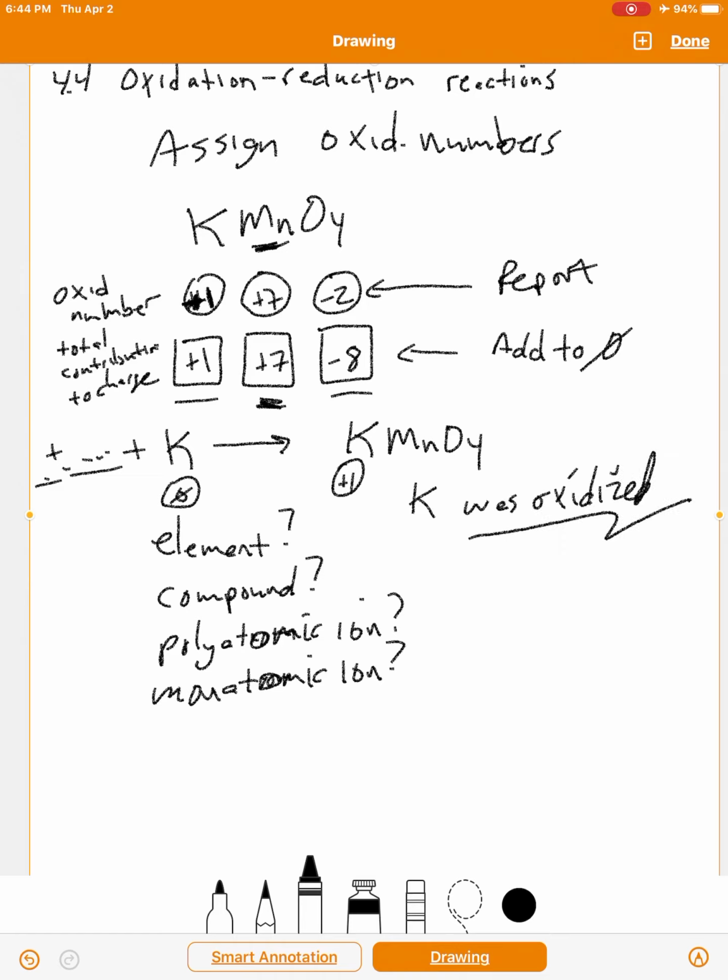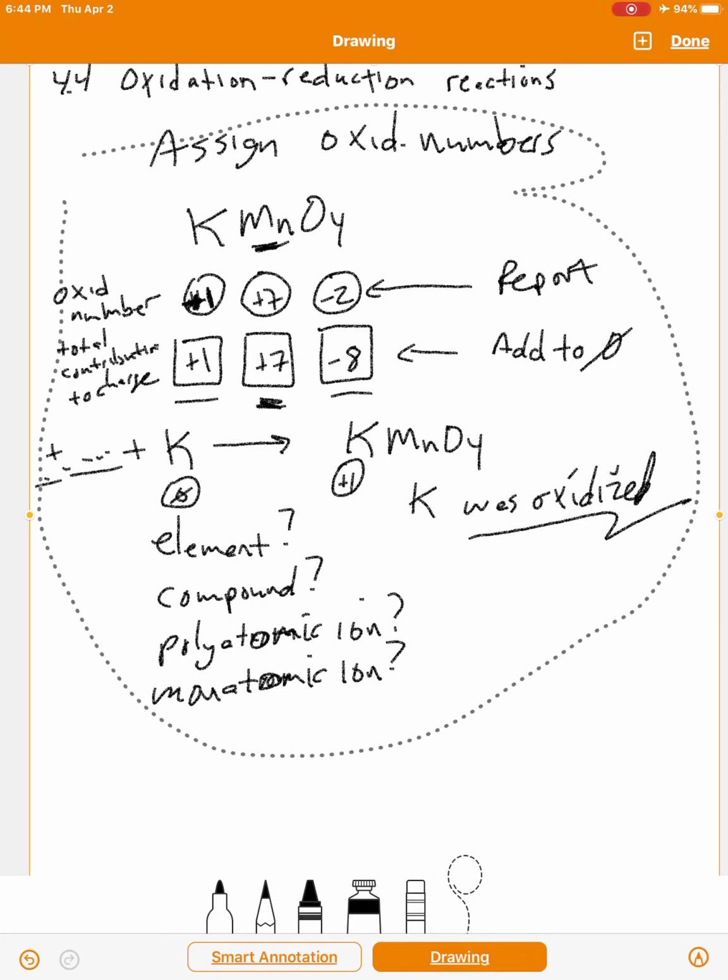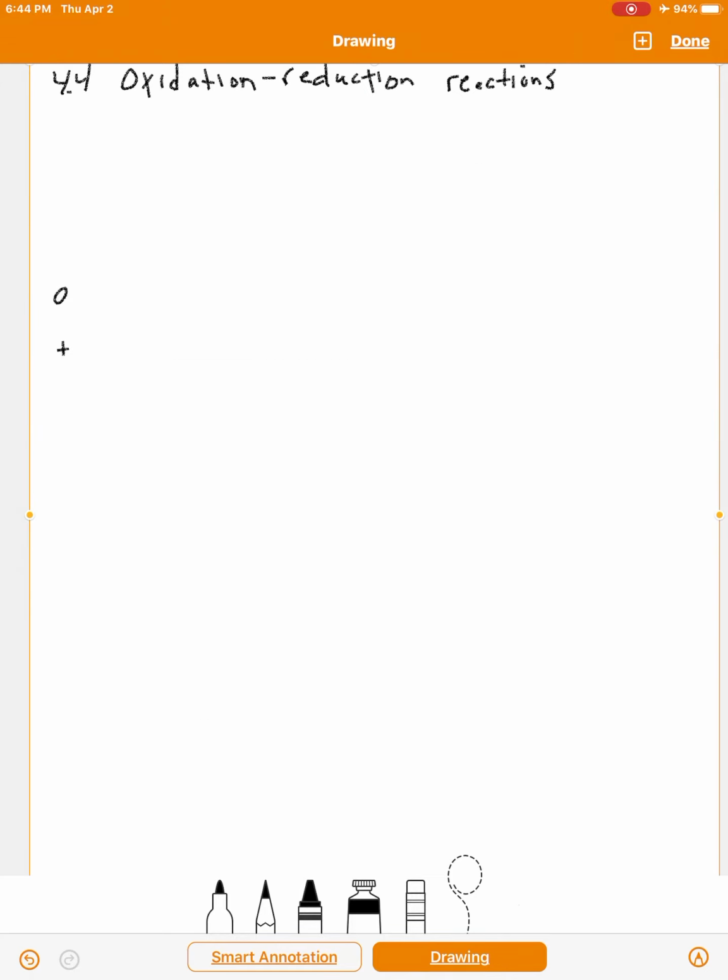If for a given element, its oxidation number becomes more positive on the product side, then that means that it became oxidized. If it becomes more negative, then it underwent reduction. Okay? So that's the process of assigning oxidation numbers using these rules that are in table 4.5.